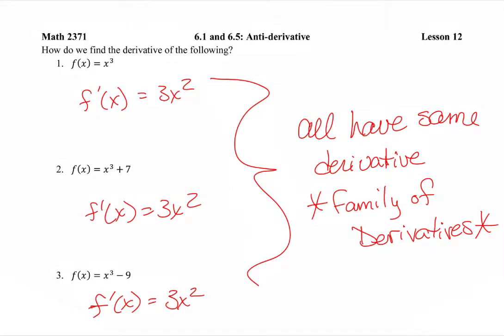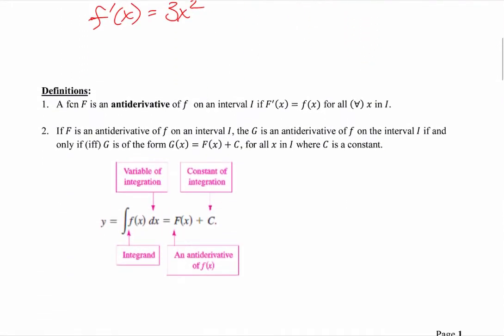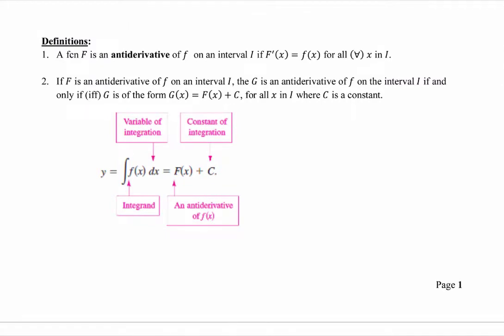Now what we're going to be doing is we're going to be going the other direction. So what I'm going to do is I'm going to give you the derivative. So this is the derivative. And you're going to tell me the original function. Okay?